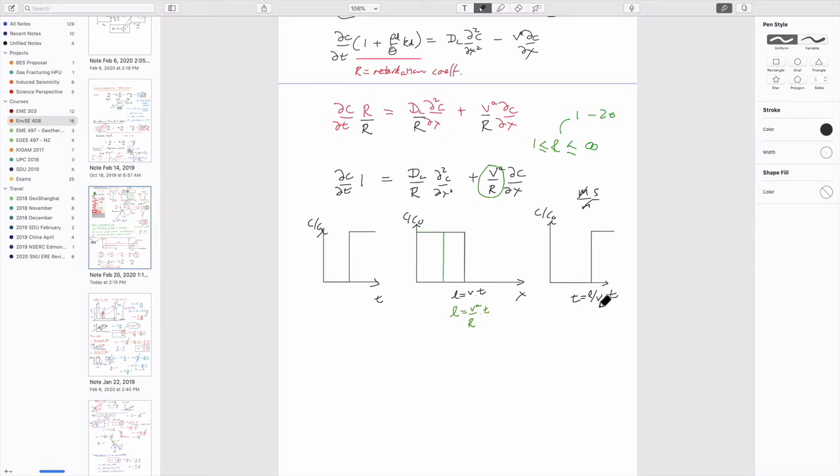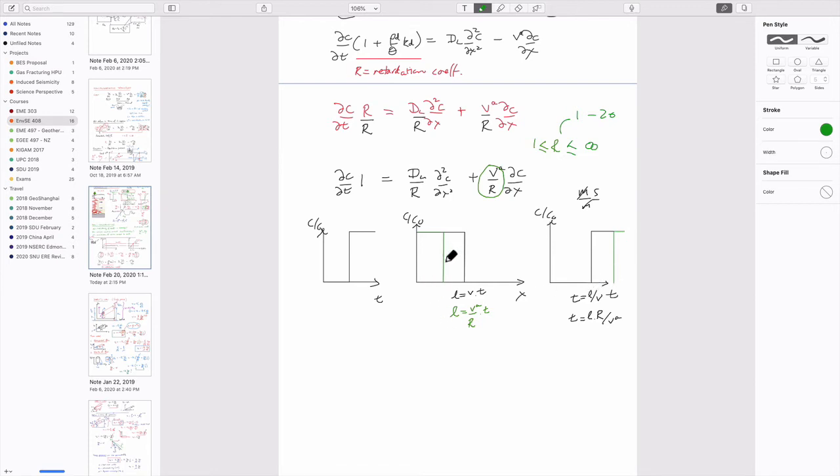Because this is velocity in here, instead of v you substitute v over R, so time would be equal to length times retardation divided by the true advective velocity. And so the time at which breakthrough occurs, instead of being at the point there, will be somewhere over here. It's going to be delayed.